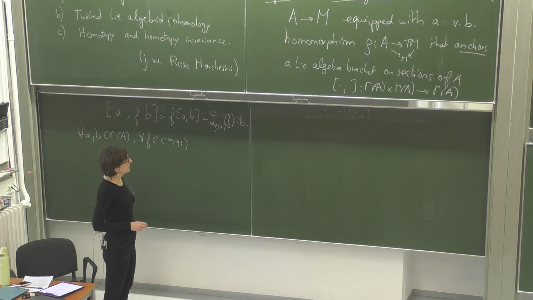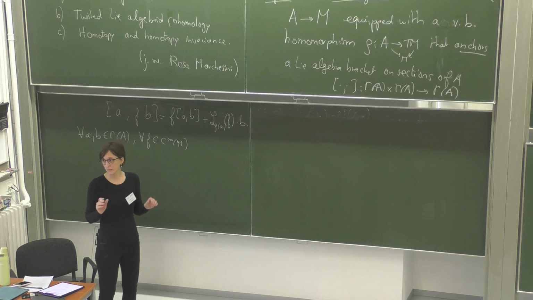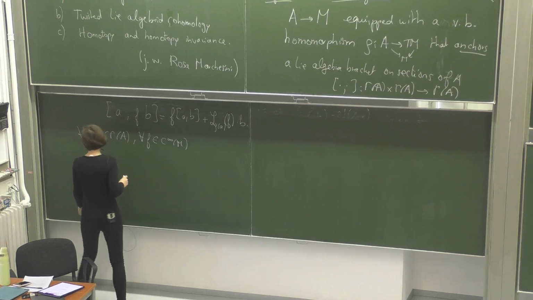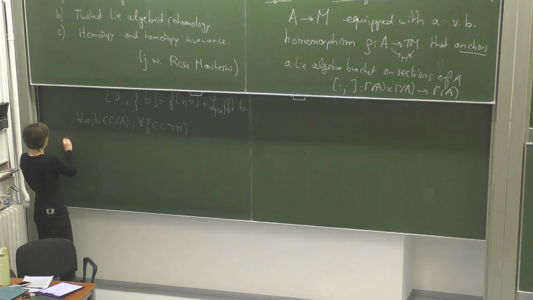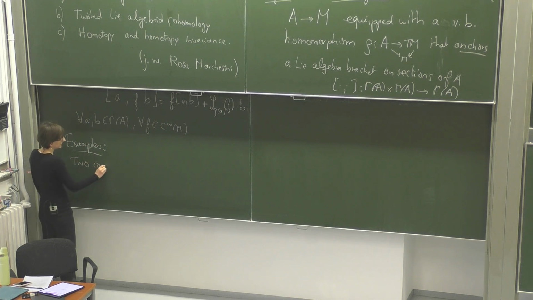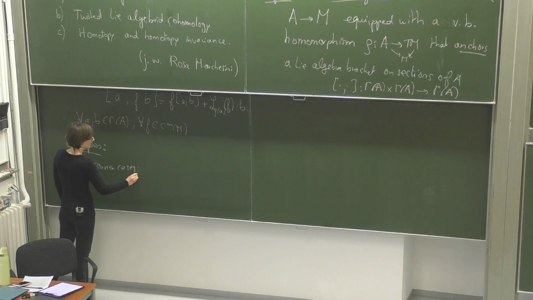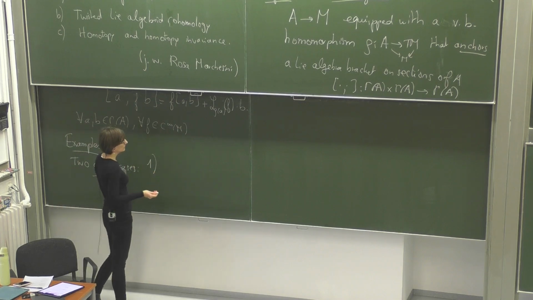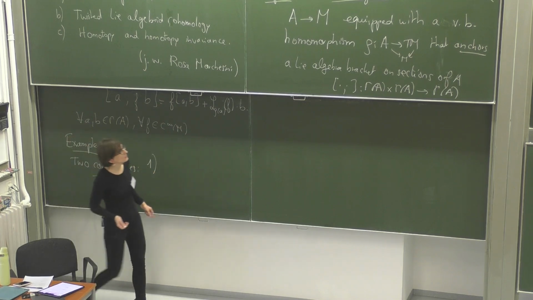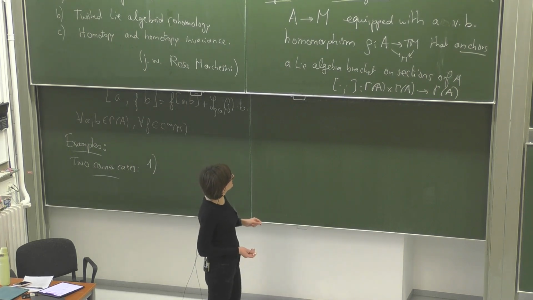I'm not going to write a whole list of examples. We are going to focus a lot on two corner cases. First of all, Lie algebras. If your base manifold is a point, then T of the point is just 0, so your anchor is trivial.